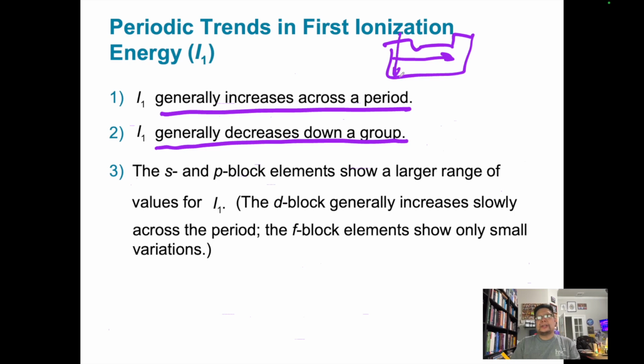So as it goes down, it decreases, and that kind of makes sense too because there's a lot of electrons once you get down there. When you get to the bottom of the periodic table, there's a lot of electrons, so it's not so important anymore, and so they'd rather just keep what they have. So that's the trend that we have there for the first ionization energy.